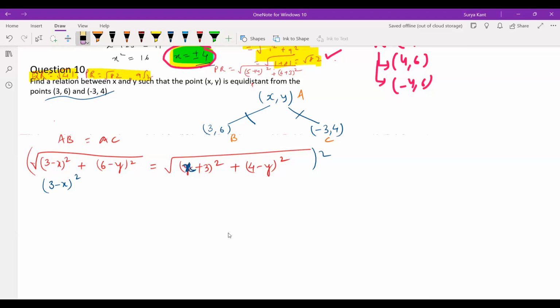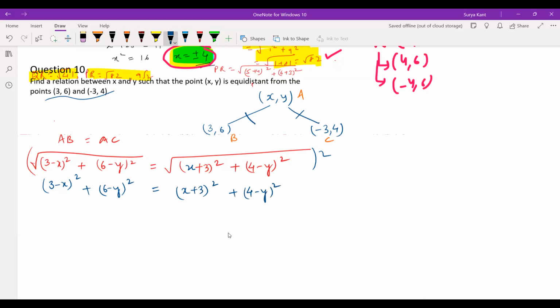So 3 minus x whole square plus 6 minus y whole square is equal to x plus 3 whole square plus 4 minus y whole square.